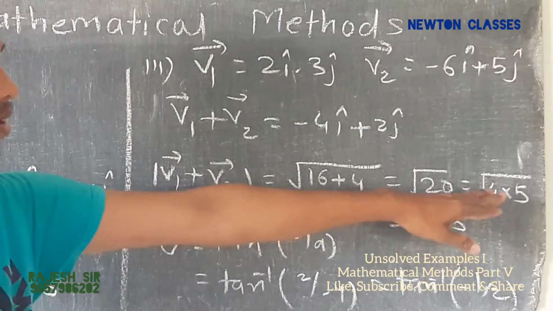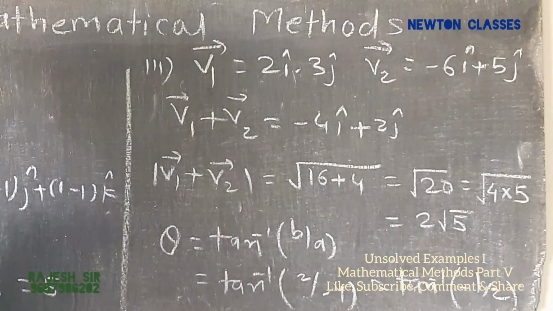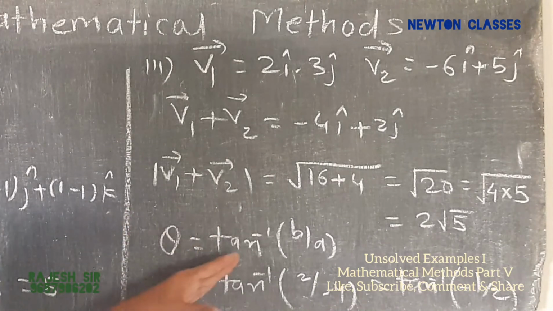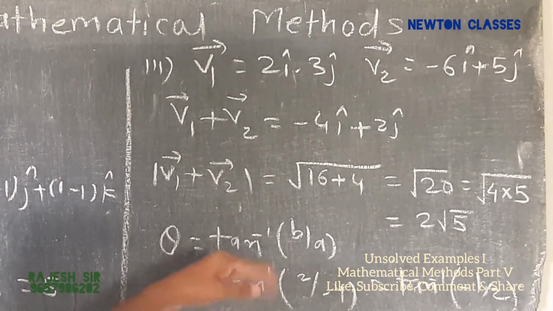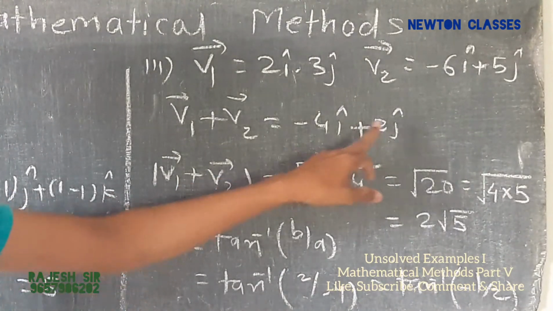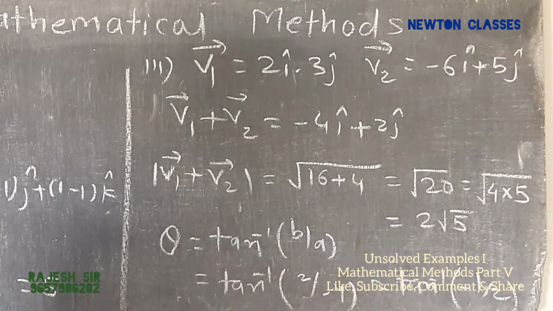It can be written as under root of 4 into 5, which is 2 under root of 5. Now the direction of any vector can be obtained as theta is equal to tan inverse b upon a. In this vector, a has value minus 4 and b is equal to 2. After substituting those values, we get tan inverse of 2 upon minus 4, which is equal to tan inverse of minus half.